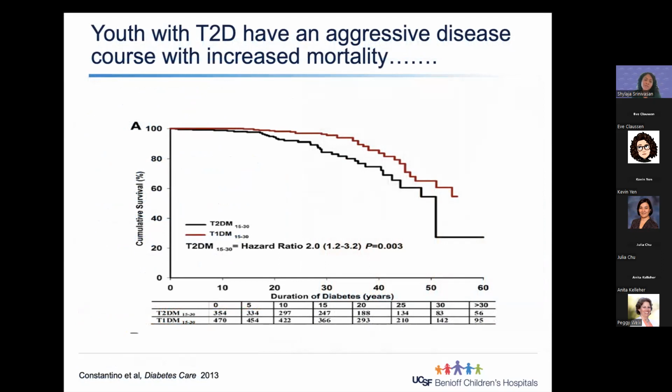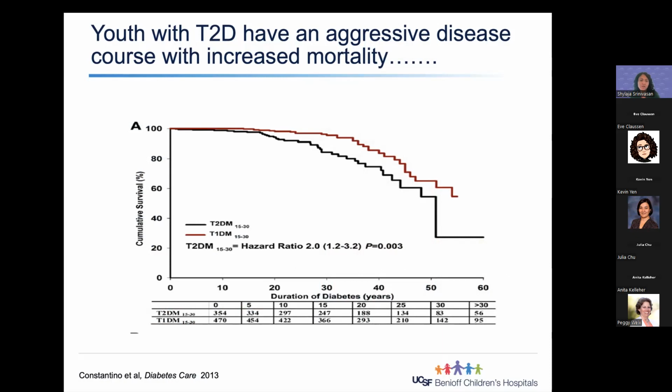And the thing about youth onset type 2 diabetes is that it is a very aggressive disease with increased mortality compared to youth with type 1 diabetes, as well as adults with type 2 diabetes. So this is data from an Australian registry cohort where they looked at the mortality data for individuals with type 2 diabetes diagnosed between the ages of 15 to 30 and compared this with age-matched individuals with type 1 diabetes.